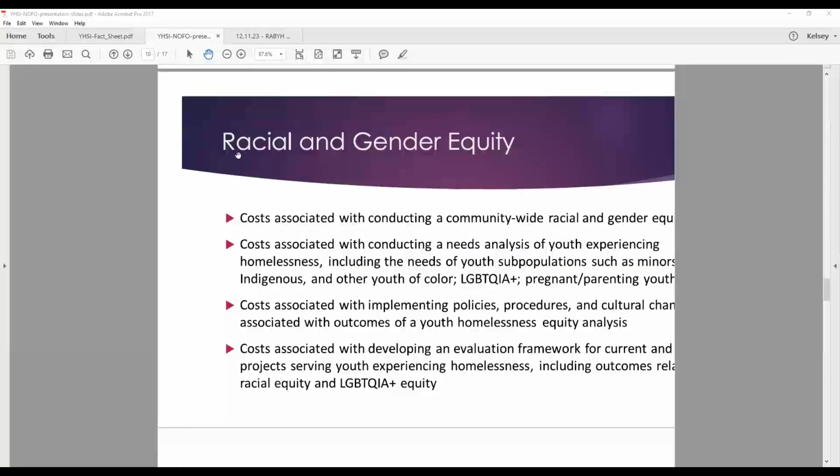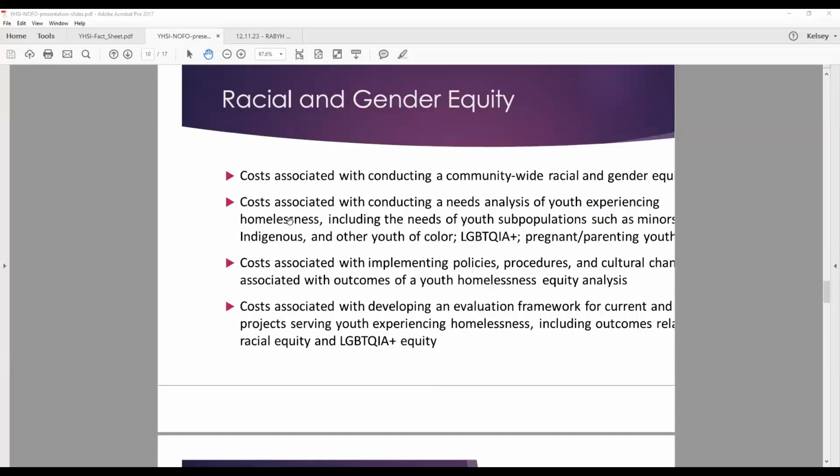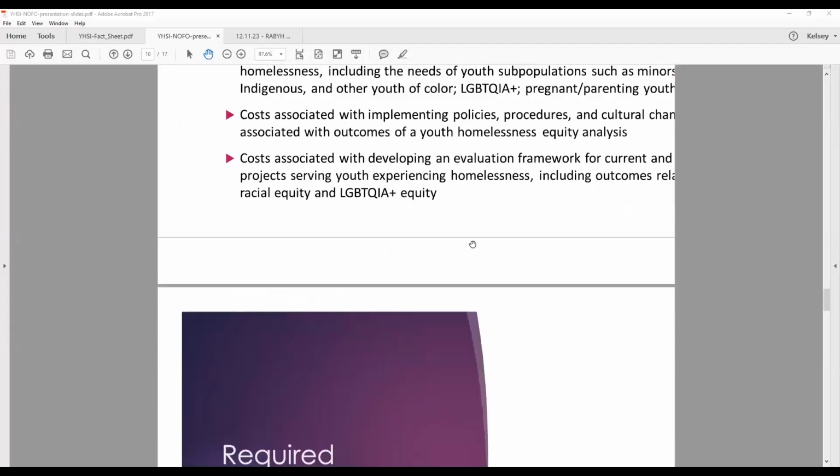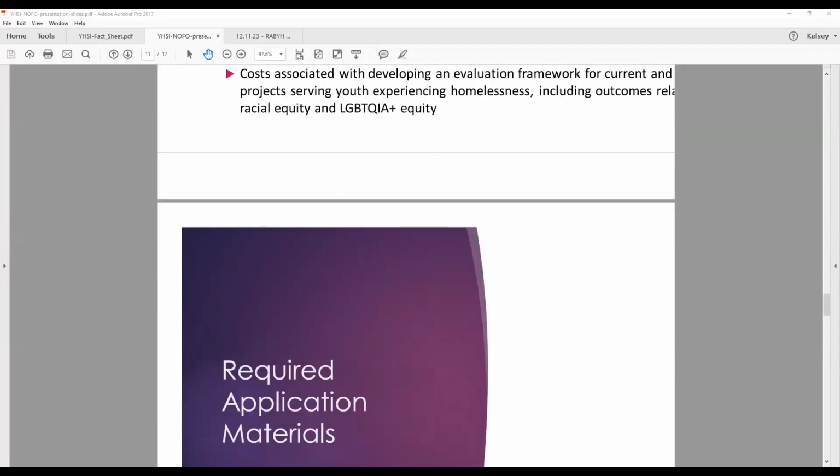And finally, racial and gender equity. These are all costs associated with assessing the needs of youth experiencing homelessness, with a specific focus on youth subpopulations such as racial minorities and LGBTQIA populations. So that's a little bit more about what's eligible.